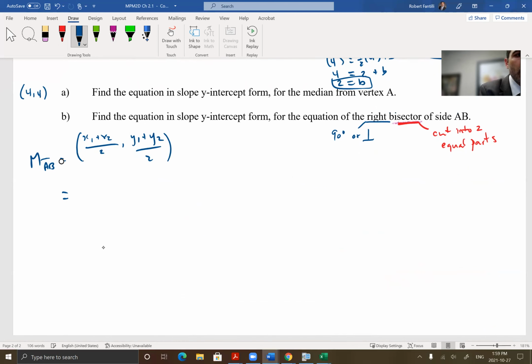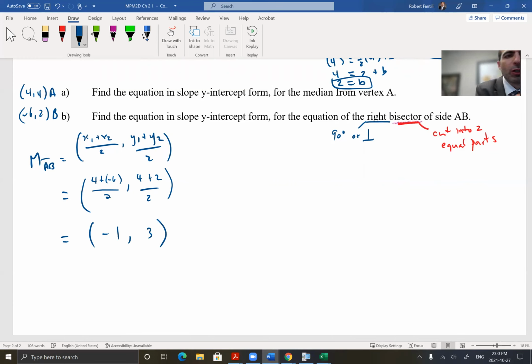So x1 plus x2 is 4 plus negative 6, and the next one is 4 plus 2, both divided by 2. That's negative 2 divided by positive 2, which is negative 1, and this is 3. So negative 1, 3. We're going to call it E, and I'll use purple for this one.